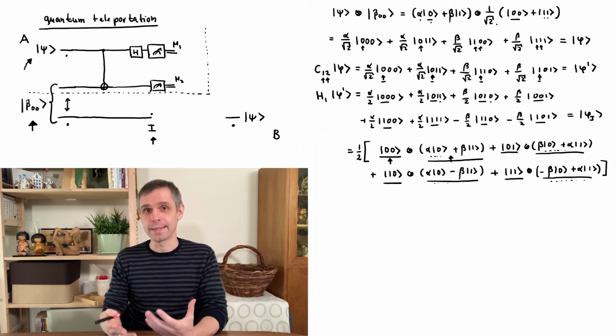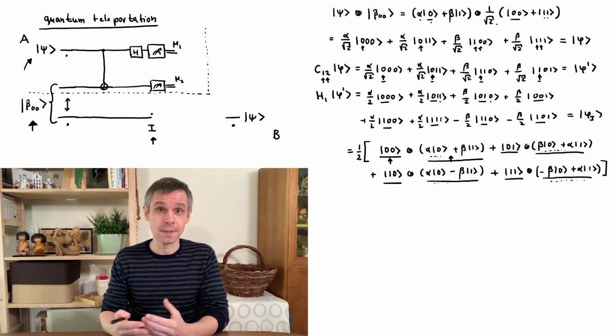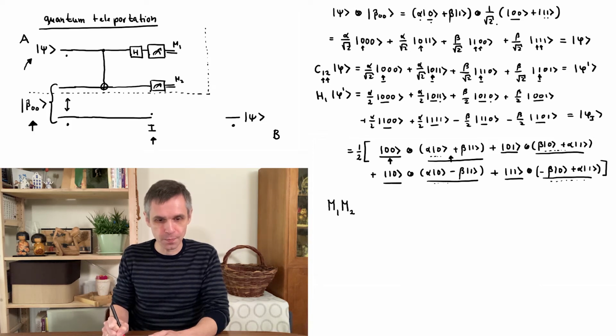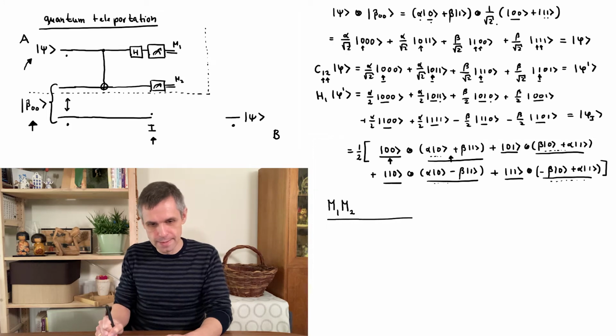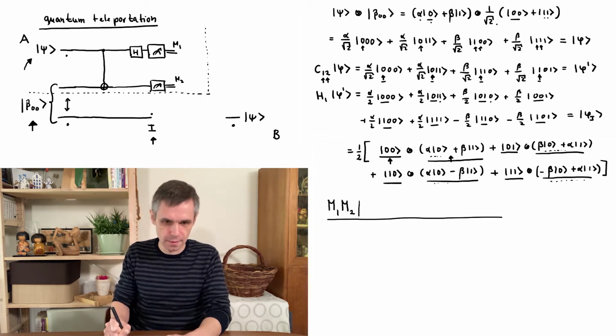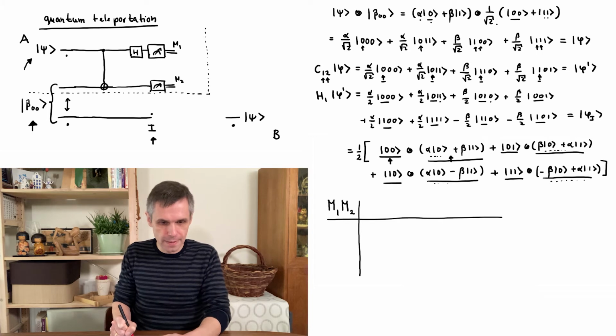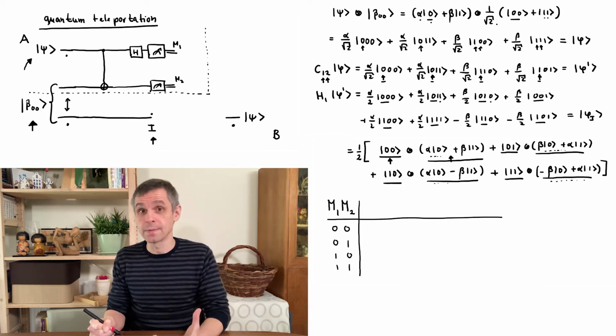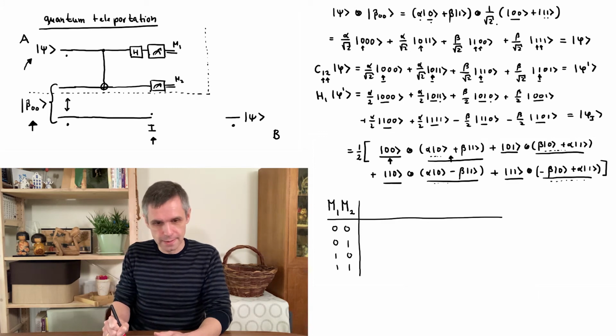So let us have a look at the effect of this measurement on this quantum state here. Well, according to the measurement postulate, the quantum state will be changed into a new state, which depends on the measurement outcomes M1 and M2. Well, we can collect this into a table where we list all the possible measurement outcomes here, and the final state after the measurement on this side here.